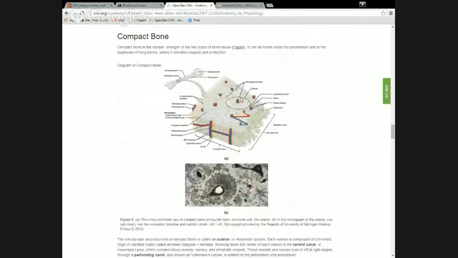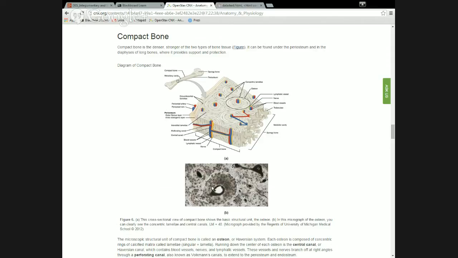When you look at the structure of compact bone, it's highly organized, and in these column structures, which we're looking down on right here, the center is actually kind of empty. There's not bone tissue right in there, but rather there are blood vessels and nerve fibers that are going through that. And then it's surrounded by rings of bone matrix.